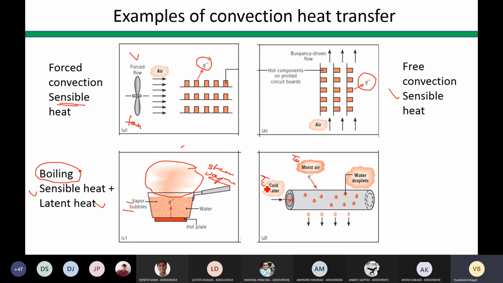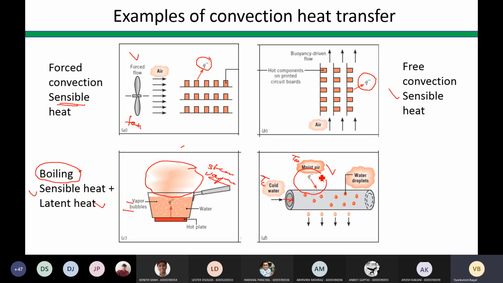The heat will be transferred from the moist air to the cold water, which is why this direction is shown.